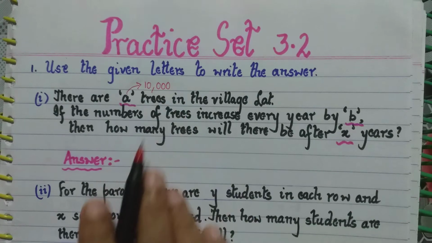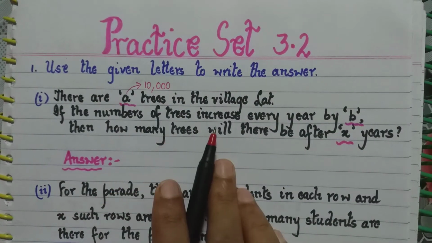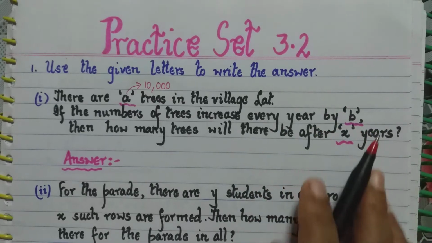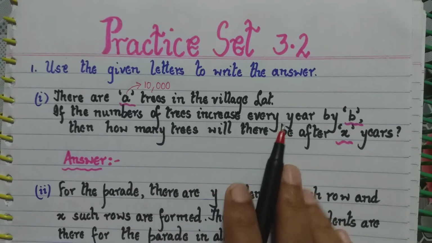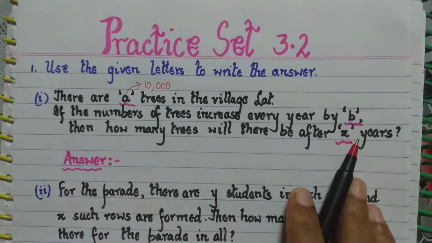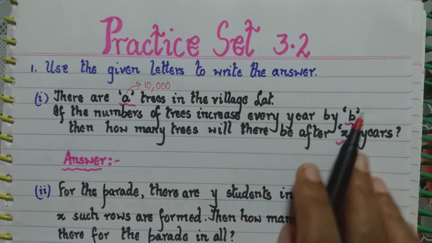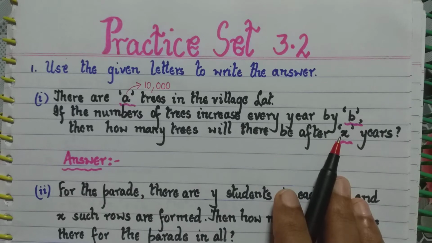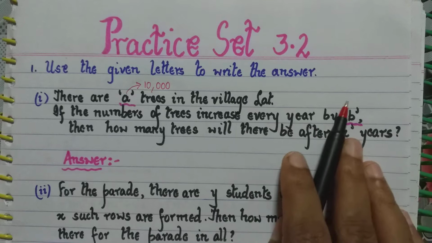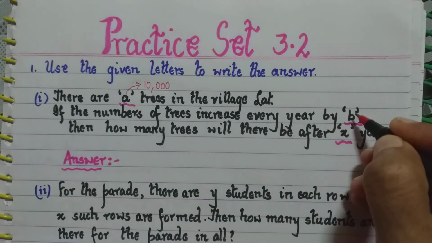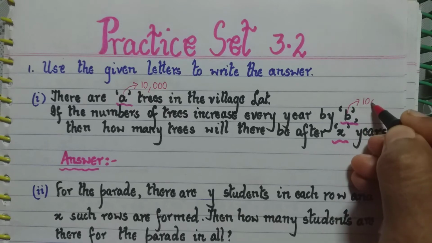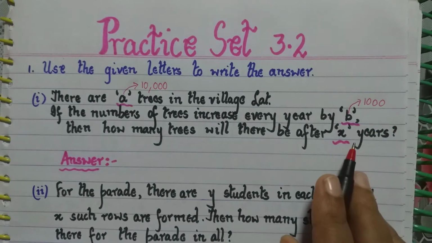Now, if the number of trees increases every year by B, suppose there was an increase in the salary of the person by 1000 rupees every year. Here the number of trees is increased every year by B. That means B is 1000 rupees in my example.